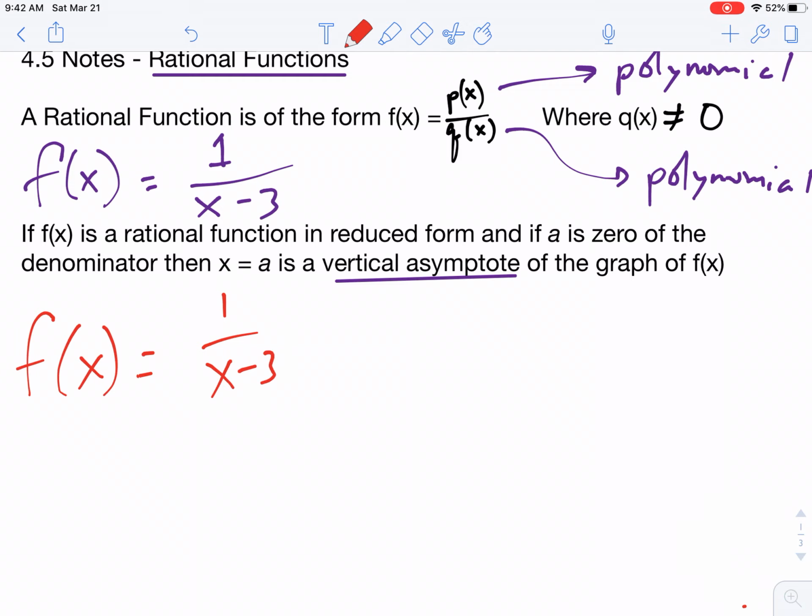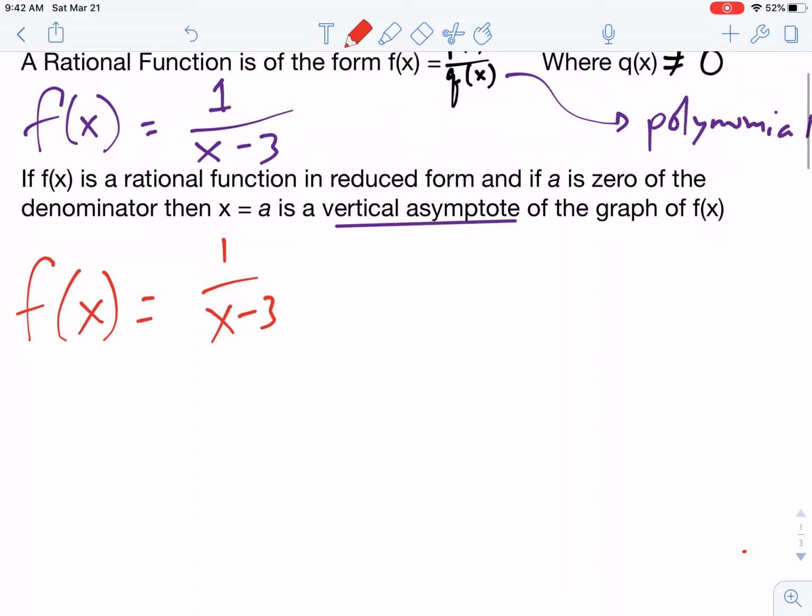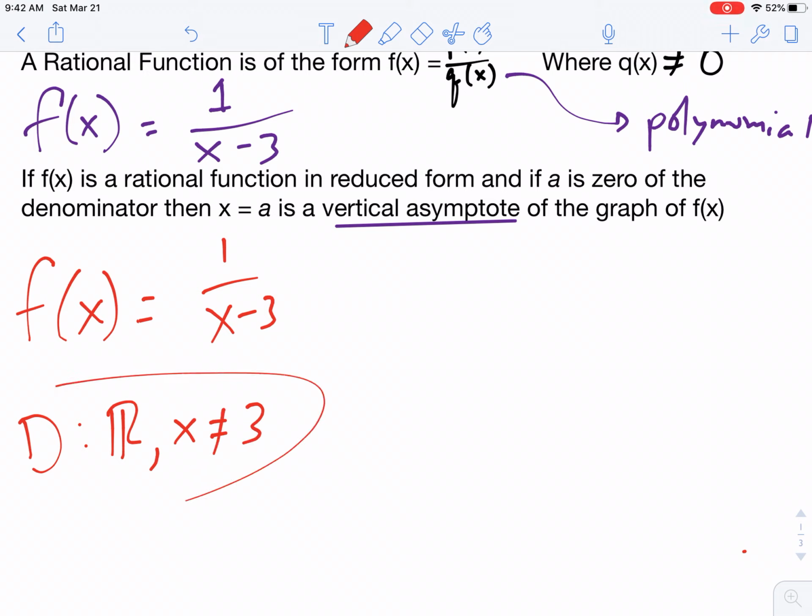What should be familiar to everyone is that the domain is all real numbers except 3. We cannot put 3 into the function because we can't divide by 0. Now, that also happens to be where the vertical asymptote is located, okay?